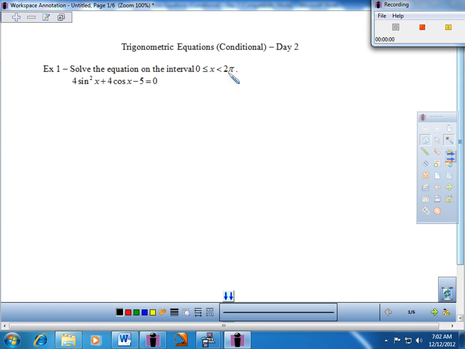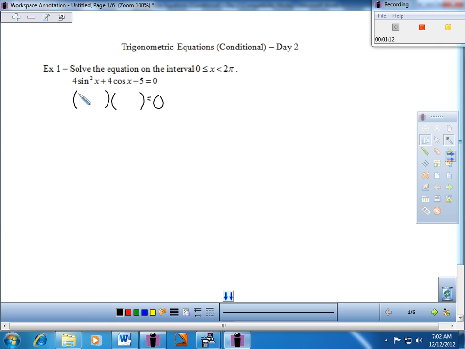I see a very similar situation to yesterday in that it has that nice quadratic trinomial feel to it. So what you would want to do, and actually don't do this on your paper just yet, is try to get it in factored form set to 0. The problem, of course, is that I have sine as the quadratic term and cosine as the linear term.